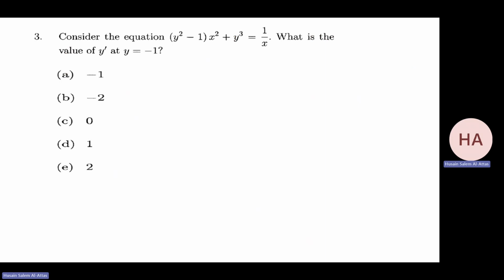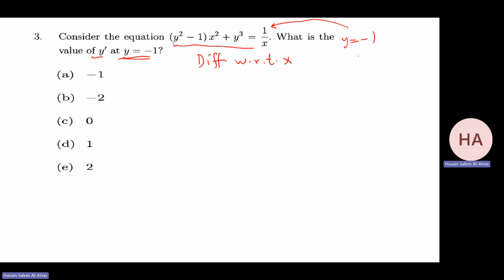Easy one. Consider this equation. What is the value of y prime at y equals minus 1? Same thing. Differentiate with respect to x and just substitute. But notice first, if y equals minus 1, plug it here, what will you get? 1 minus 1, this is 0.